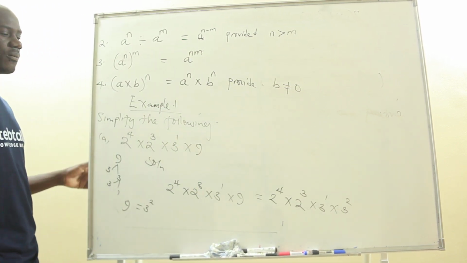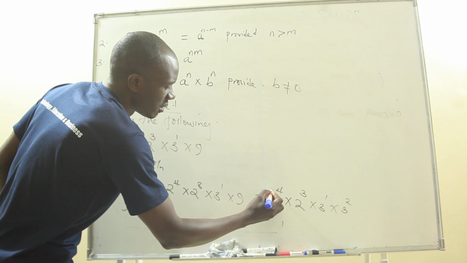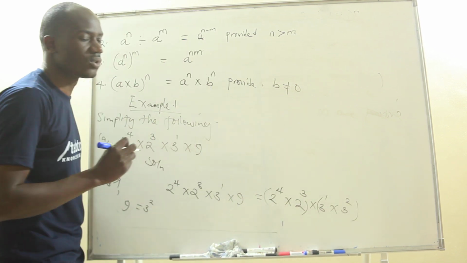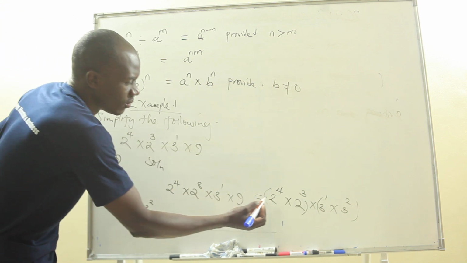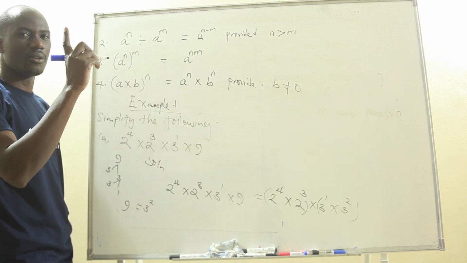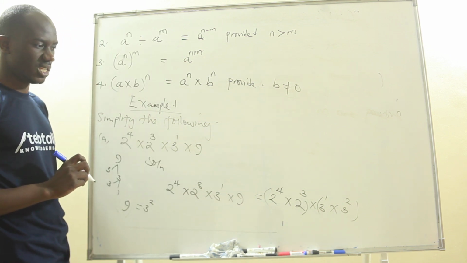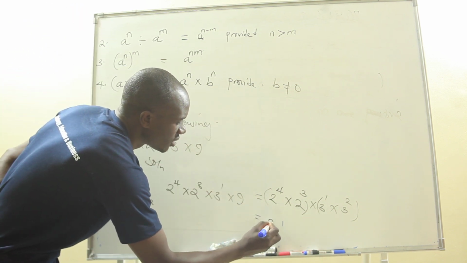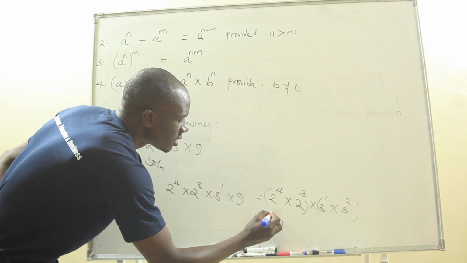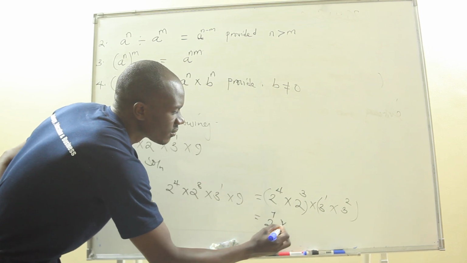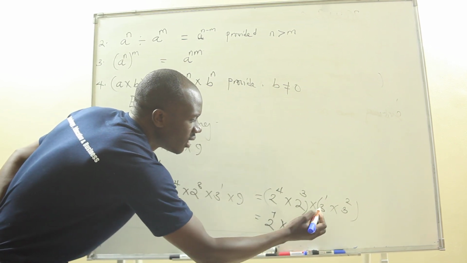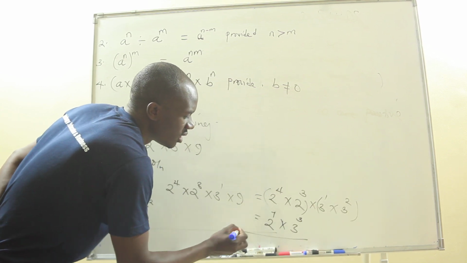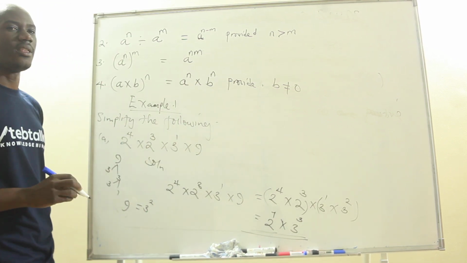Now, when we are multiplying numbers of the same base, and you can see these ones have the same base, and these ones also have the same base, we recall the first basic law of indices: we add the powers. So this is 2 power, then this plus this, 7, times 3 power 1 plus 2, which is 3 power 3.